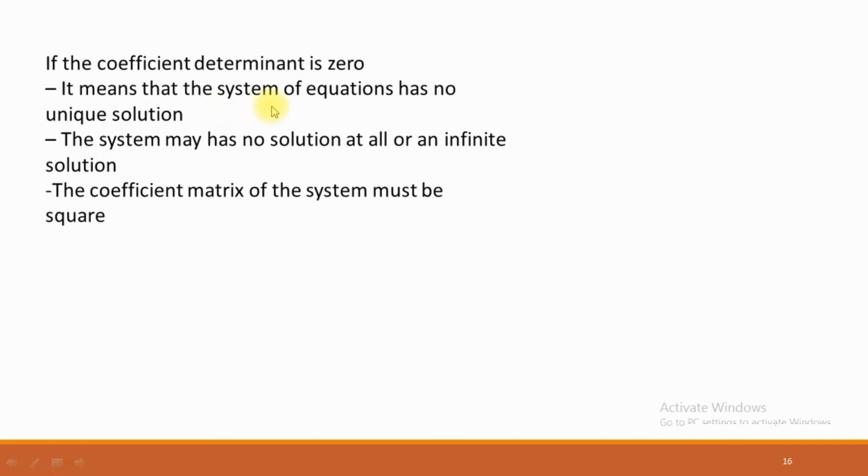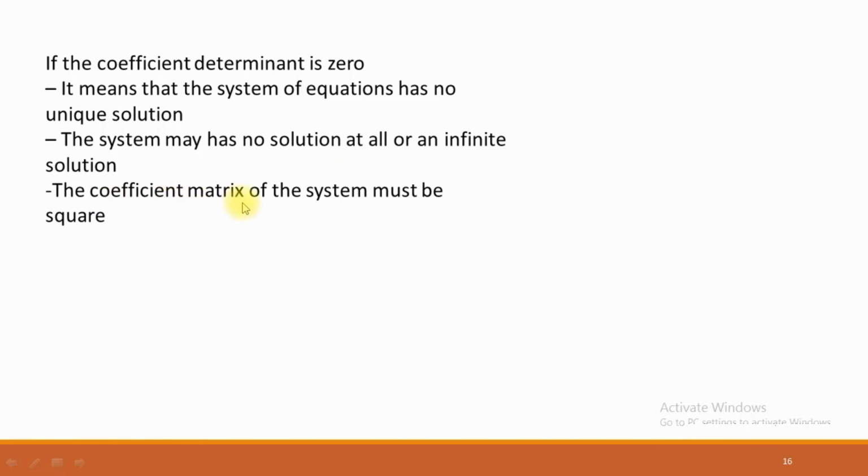It does not mean that the system has no solution. It is clear that the system of equations has no unique solution. Maybe the system has no solution at all, or infinitely many solutions.